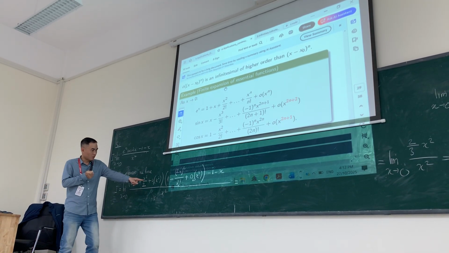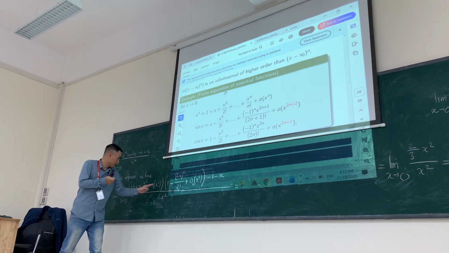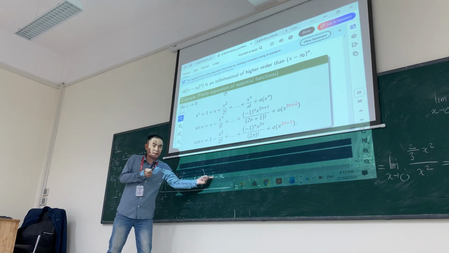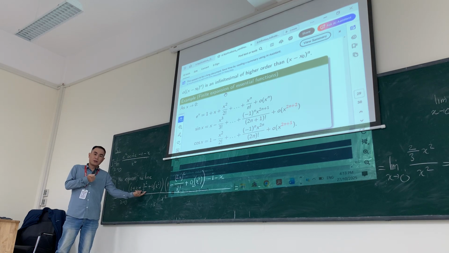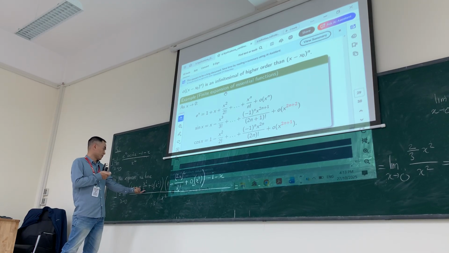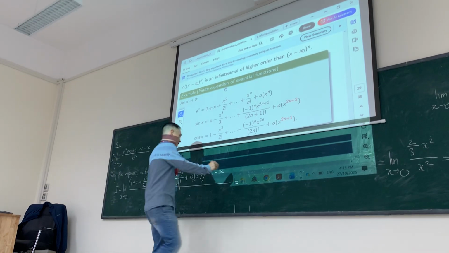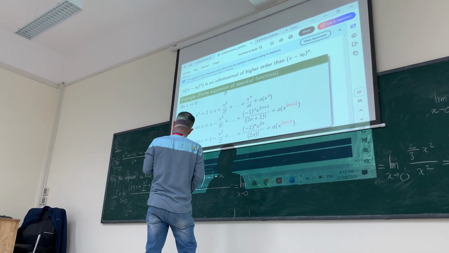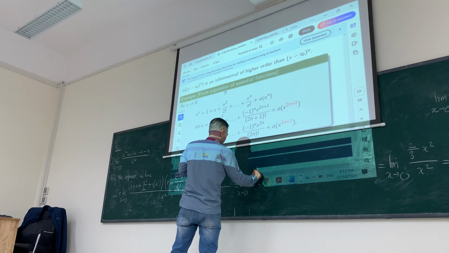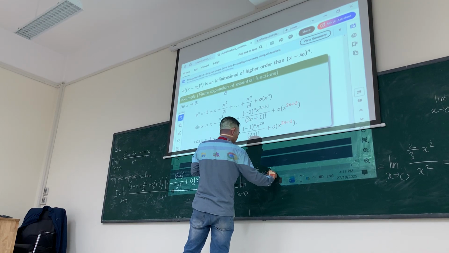The 1 and the 1 cancel, and the x cancels. Here what remains is x squared over 2, x squared over 2. It's equal to the limit as x tends to 0 of x squared over 2 plus the infinitesimal over x squared.